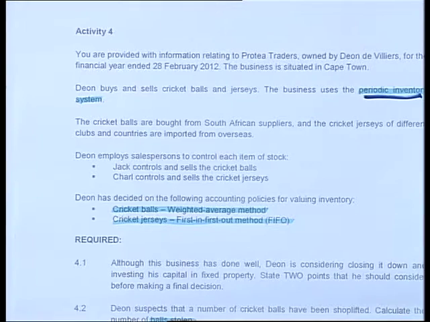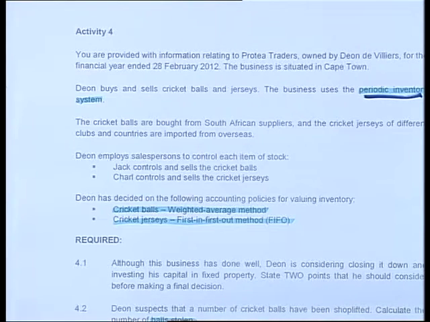The cricket balls are bought from South African suppliers, and the cricket jerseys of different clubs and countries are imported from overseas. He employs salespersons to control each item. Jack controls the cricket balls, and Charles controls and sells the cricket jerseys.